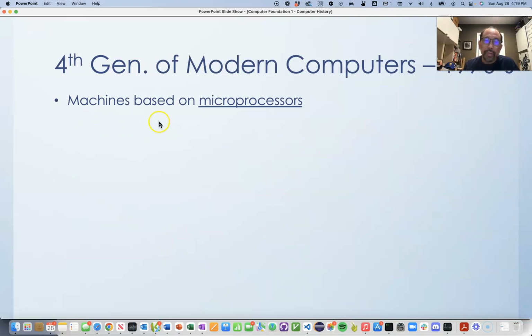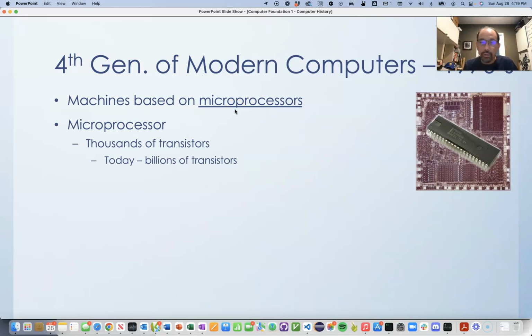Okay, that leads us to the fourth generation of modern computers, which is based on microprocessors, which is basically putting millions of transistors onto a single chip, a single integrated device. So it is still the concept of an integrated circuit, but now we're talking thousands, millions, today billions of transistors inside of an integrated device.